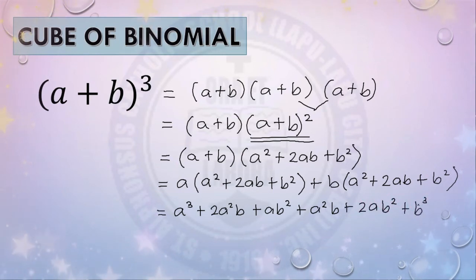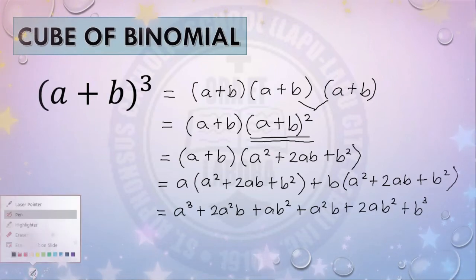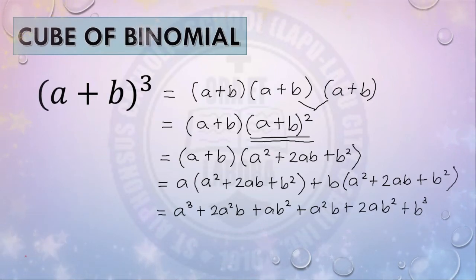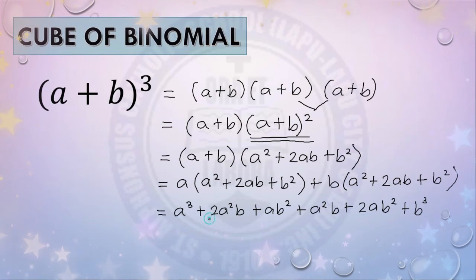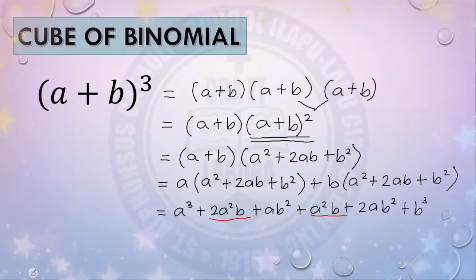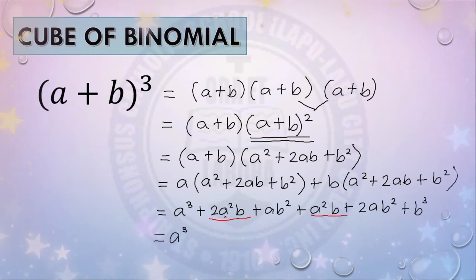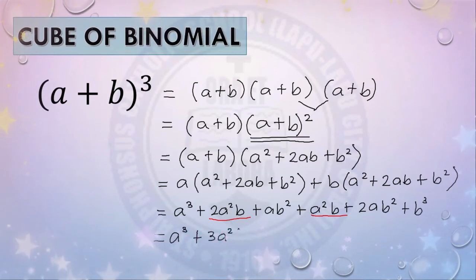Now this time, we're going to examine the given terms. We're going to combine like terms. The like terms here are 2a squared b and this one. So it will become a cubed. Combine 2a squared b and a squared b, then it will become 3a squared b.